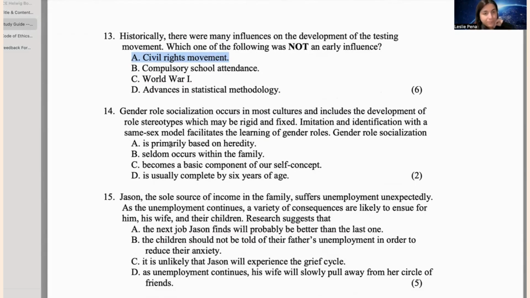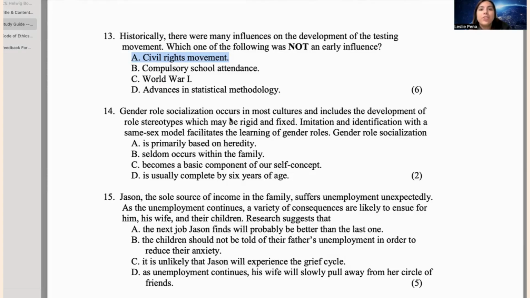It had a lot to do with the wars, like World War One. After the fact, there were a lot of people unemployed, so they did testing for that. They did testing for them to get into the army. They did the Stanford-Binet. Those are all things that kind of started this whole testing thing.